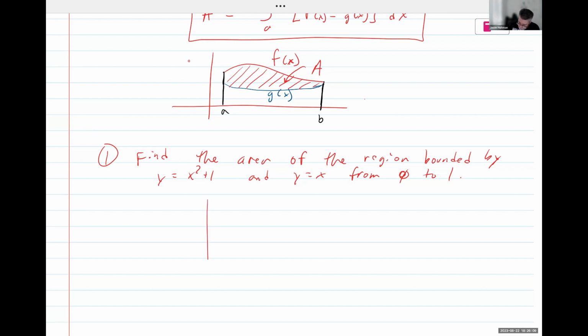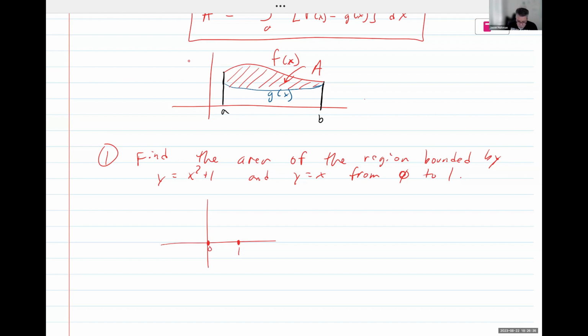So if we look at this graphically, when x is 0, we're right here. When x is 1, we're right here.